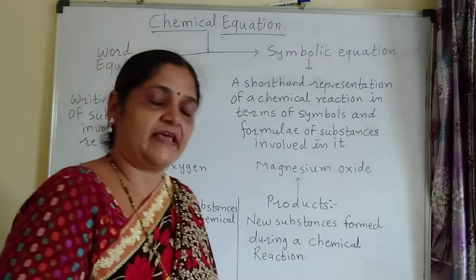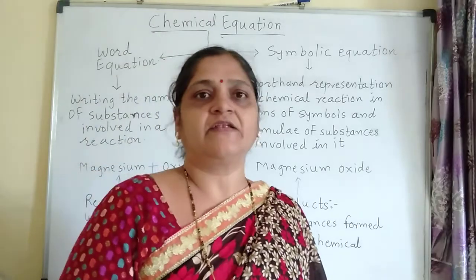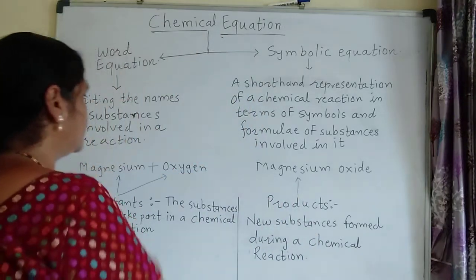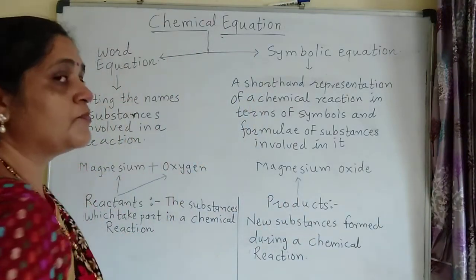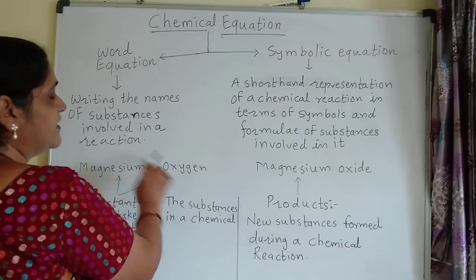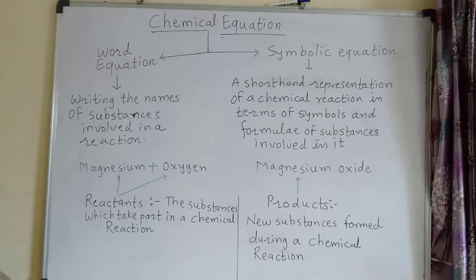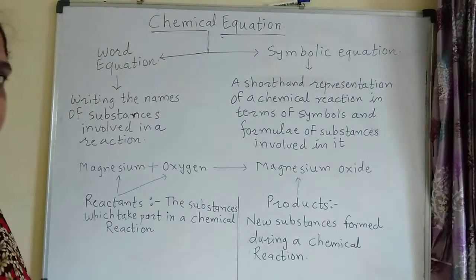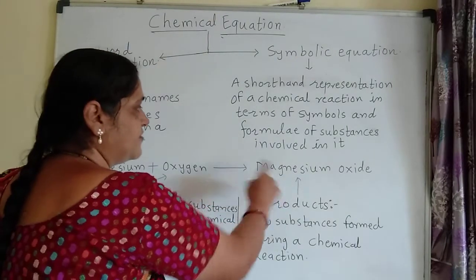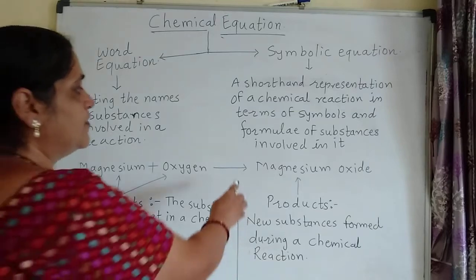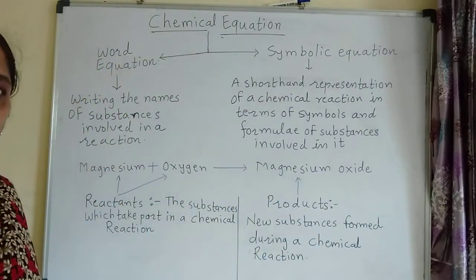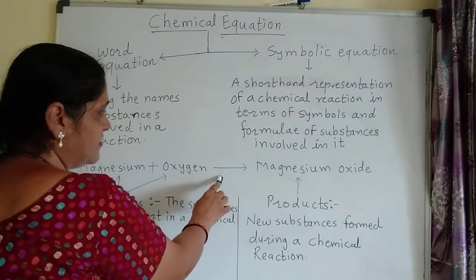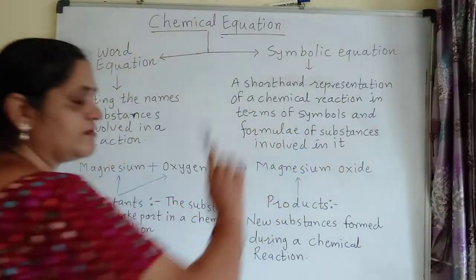If in any reaction two or more products are formed, then also we put a plus sign between the names or symbols of the products, like we have written here in the case of two reactants. Then there will be one arrow between the reactants and the products, with the arrowhead pointing in the direction of the products. Like here I have shown magnesium plus oxygen, then an arrow, and then the product magnesium oxide.